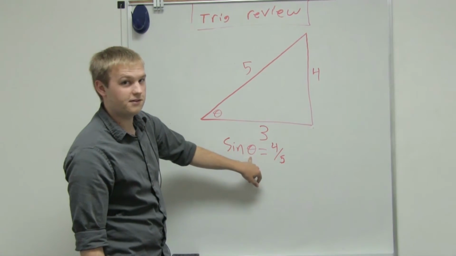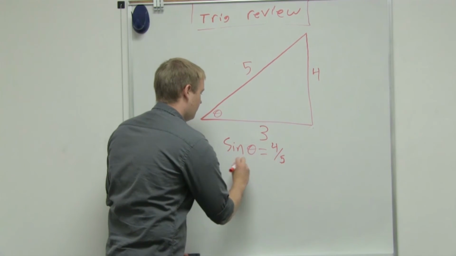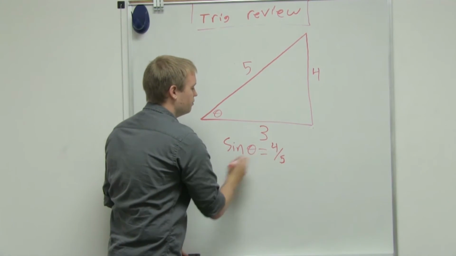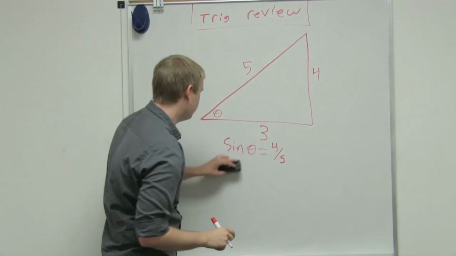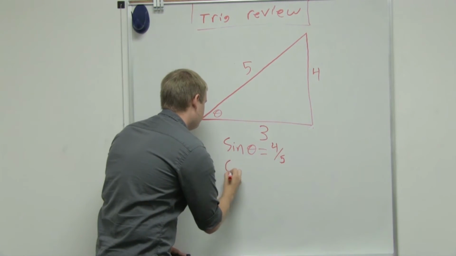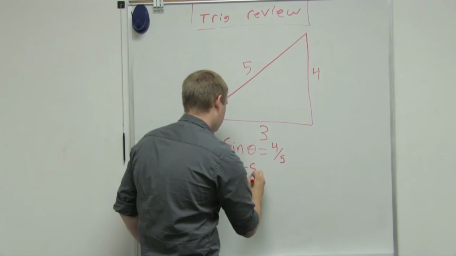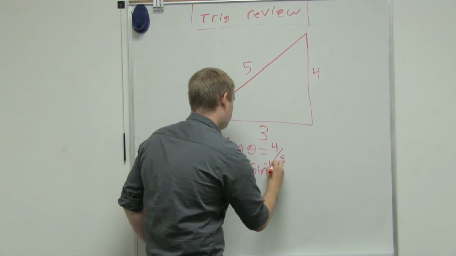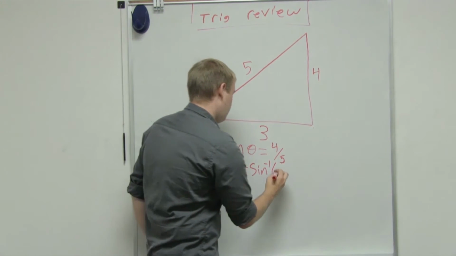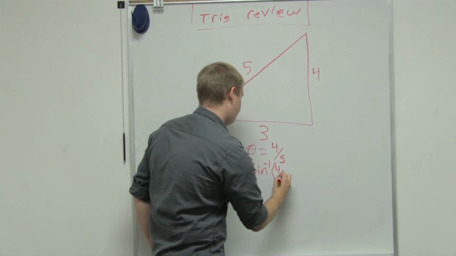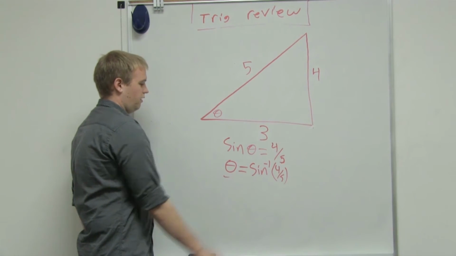To solve for theta, we use the inverse of sine on the other side of this equal sign. So we get rid of the sine over here and we say theta. Theta now equals the inverse sine, that's what this little -1 means, inverse sine of 4/5, and that will give us our theta.